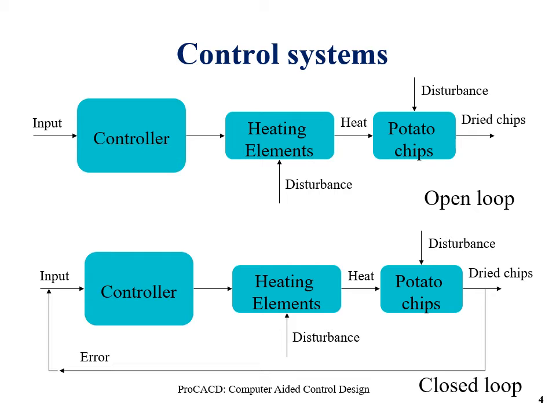The sensor value is compared against this set point, and based upon the error the controller decides whether to increase or decrease the heat to match the set point of the water content in the dried chips.